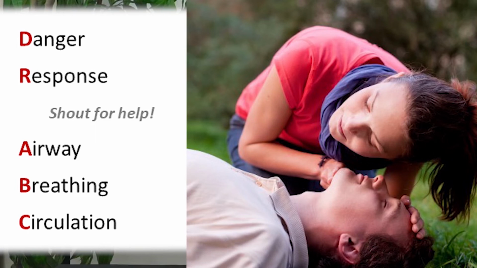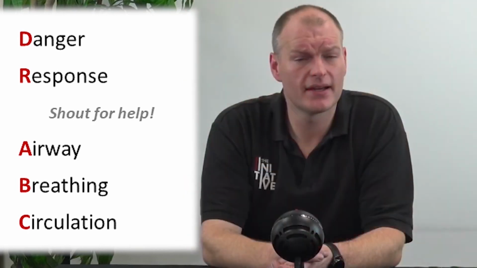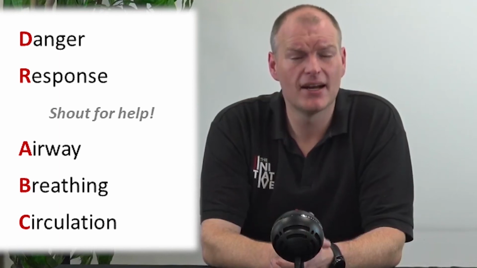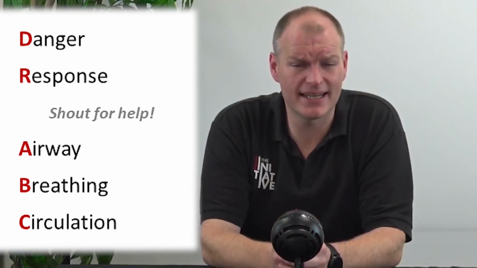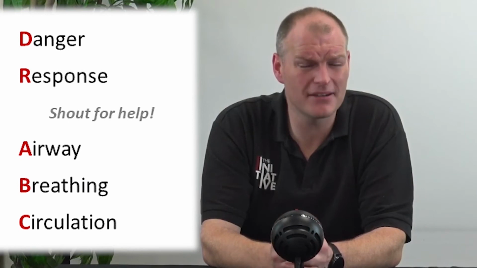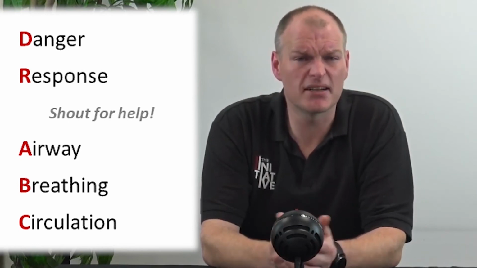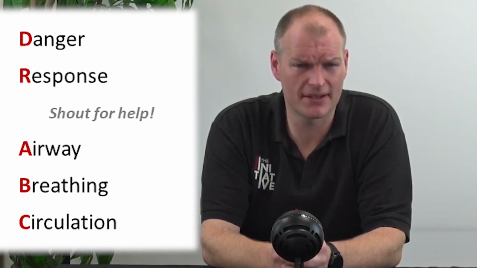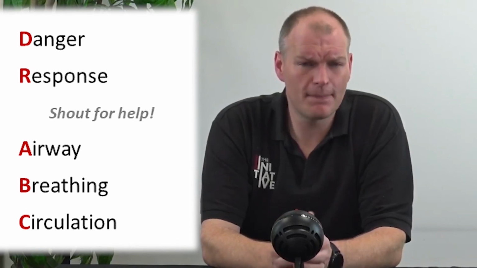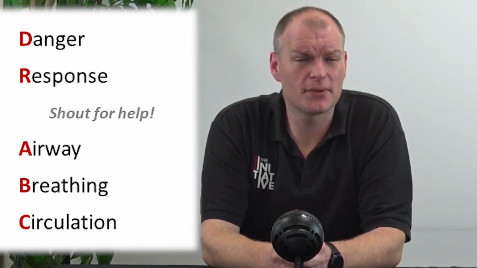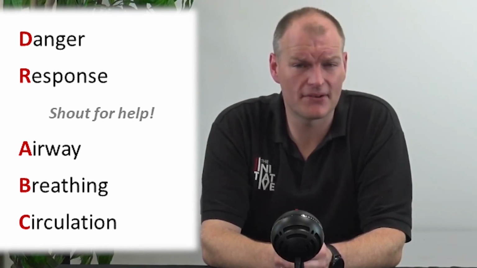Now, normal breathing should be fairly quiet, nice and rhythmic and regular. What we're not wanting to see here is any wheezing or gasping, or hearing any bubbling, gurgling noises as the casualty is breathing. Typically, we'd expect to see between 2 and 5 breaths in a 10-second period.